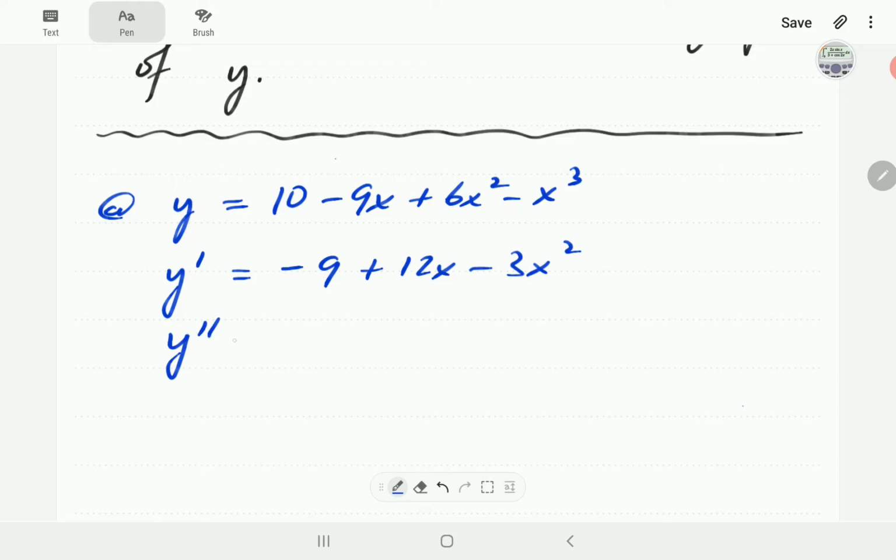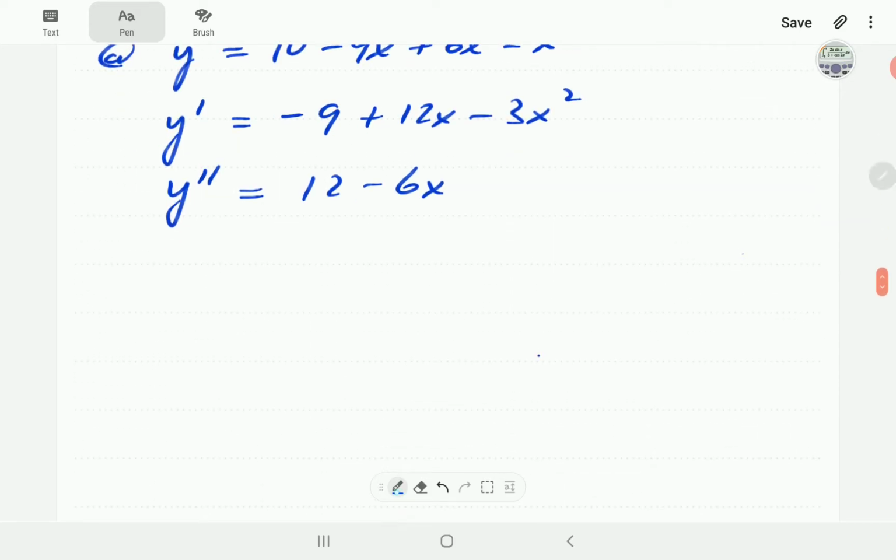While we are here, let's find the second order derivative as well, because we are going to need this to work out issues to do with concavity.